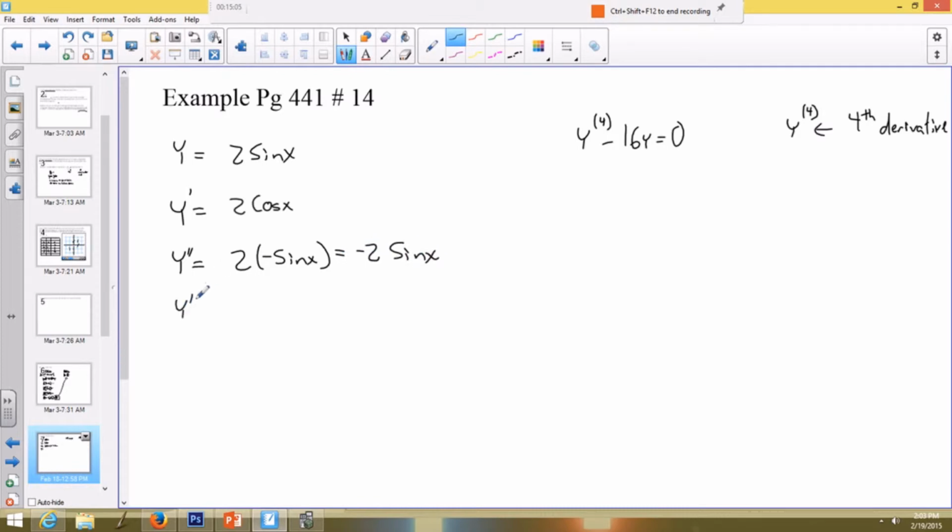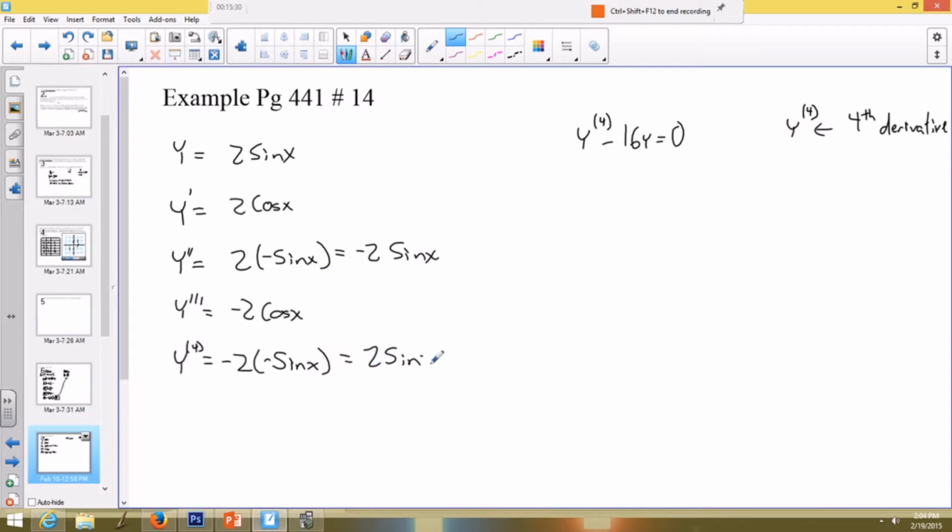The third derivative is equal to -2 cosine x. And then here it is, the fourth derivative is going to be -2 times negative sine x. There we go. And that gives us 2 sine x, which is the original one.